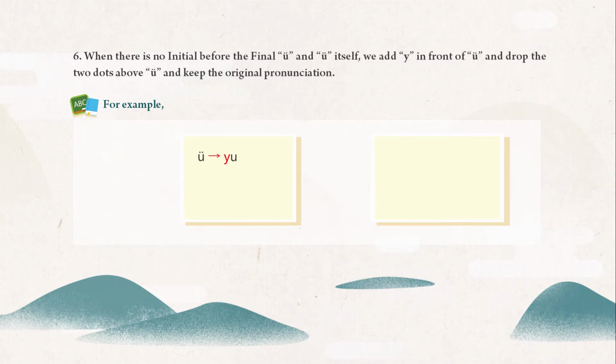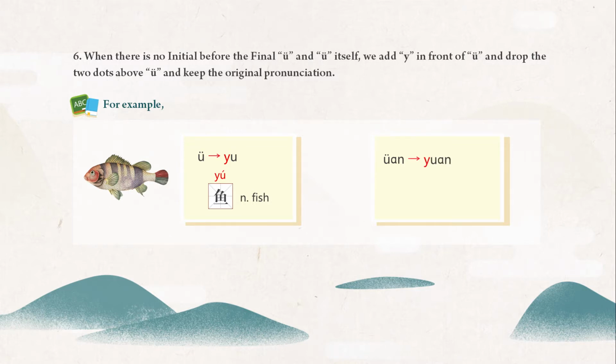We got a pinyin yu, such as word yu. When compound final üan is a syllable by itself, we should directly add the letter y before it. We got a pinyin yuan, such as word yuan.